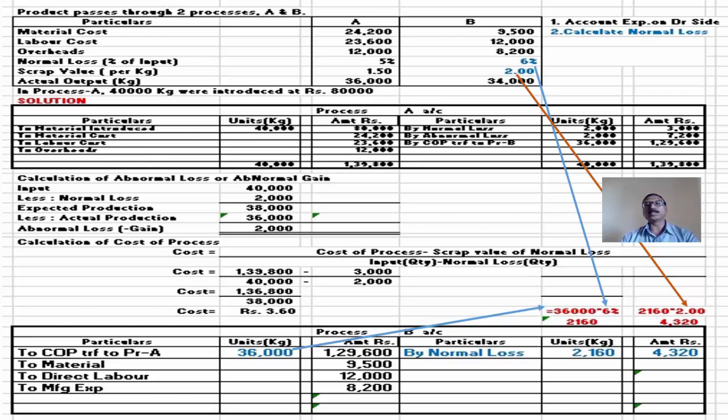So normal loss quantity is 2,160, which is calculated as 36,000 input multiplied by 6%. How is the amount calculated? The quantity multiplied by scrap value. So 2,160 multiplied by 2 will give us 4,320. Now this is the calculation of a normal loss.